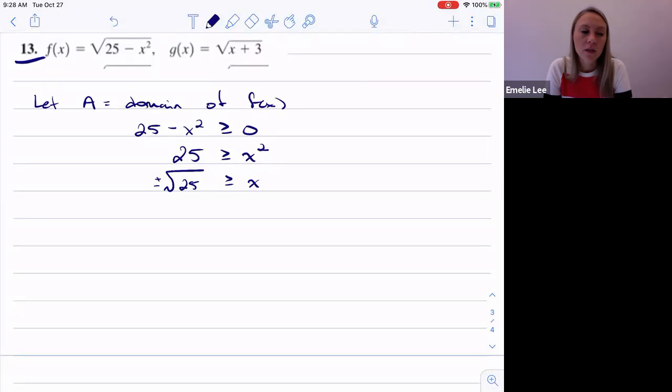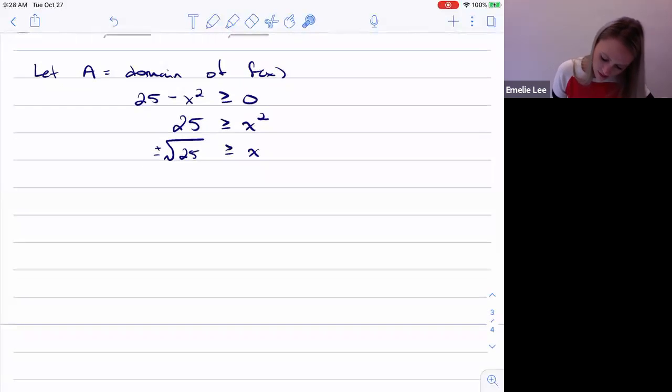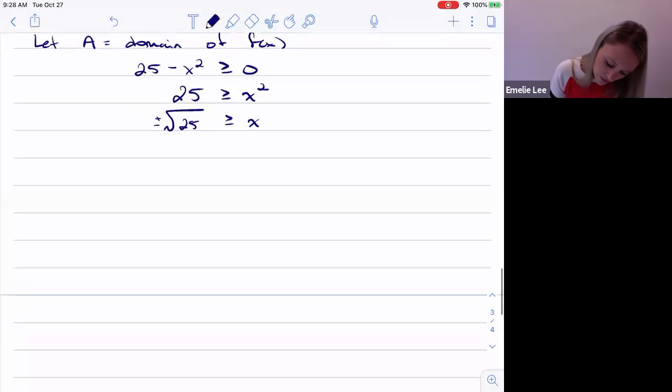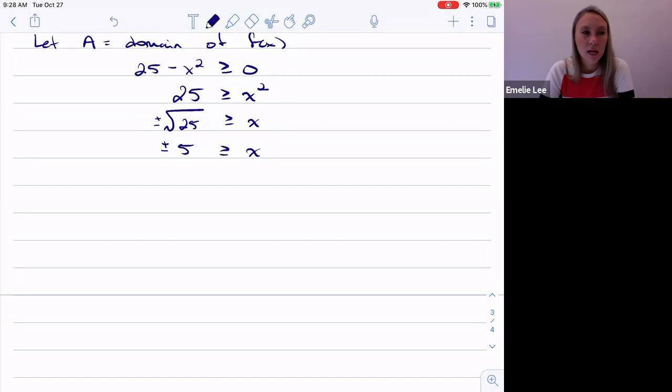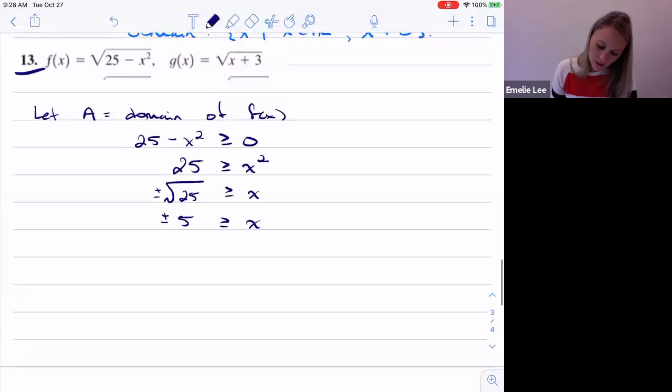So now x has to be less than or equal to plus minus 5, right? The square root of 25 is 5. So we get plus minus 5. So what does this look like? If x has to be less than or equal to plus minus 5, it makes sense, right?